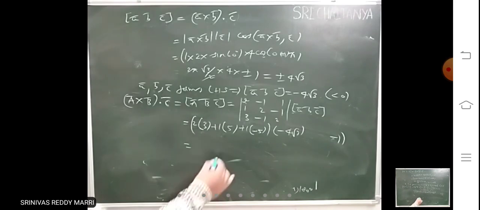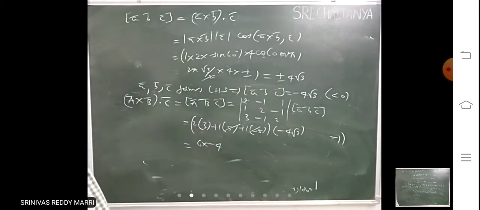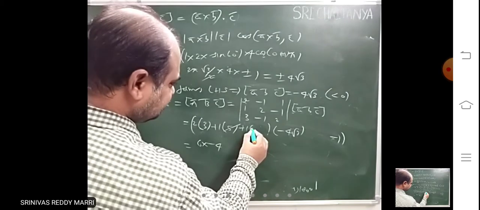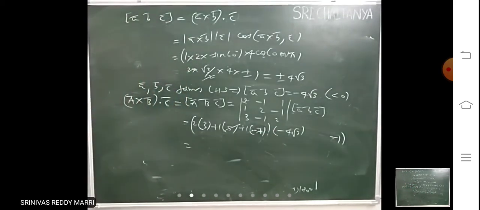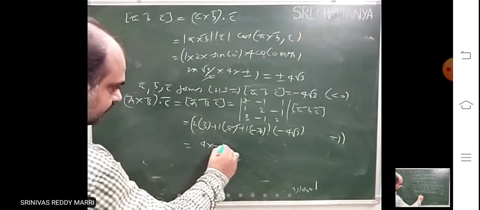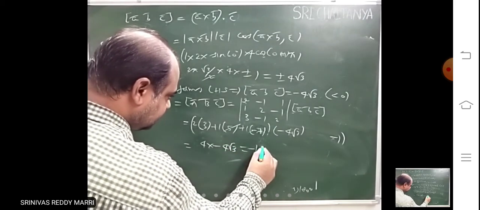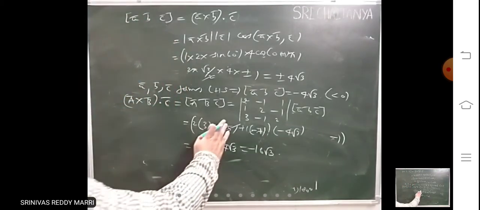So what do you get? 5 and 5 cancel. So 6 into, wait, wait, minus 7. So that means 4 into minus 4 root 3. What is the answer? Minus 16 root 3.